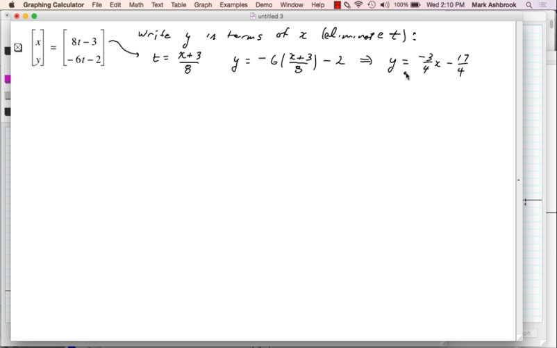So whenever you have y in terms of x like this, one way you can write it parametrically is to simply let x equal t. So this is a technique you can use. If you have y in terms of x, you can let x equals t, and then what would y equal?